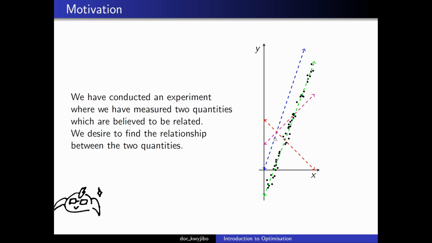This blue line, it's increasing about the right amount, but it's like it's shifted a little bit. What we really want is something like this green line that kind of goes through our data and goes up at the same rate. And how do we actually work out what that is?